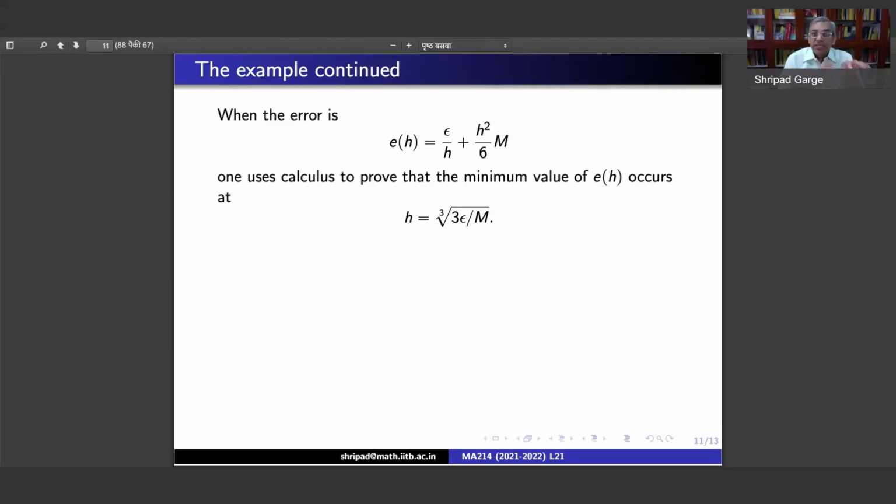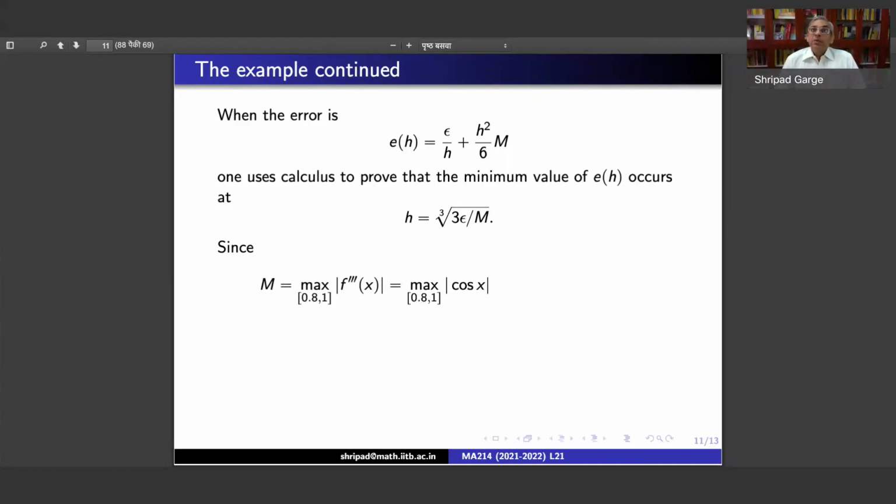So for our example, we can compute both epsilon and capital M explicitly. The capital M, first of all, which is the maximum of the third derivative on the interval 0.8 to 1, because we are going from 0.8 to 1. 0.9 is really in the middle of this, and we are applying various values of h.